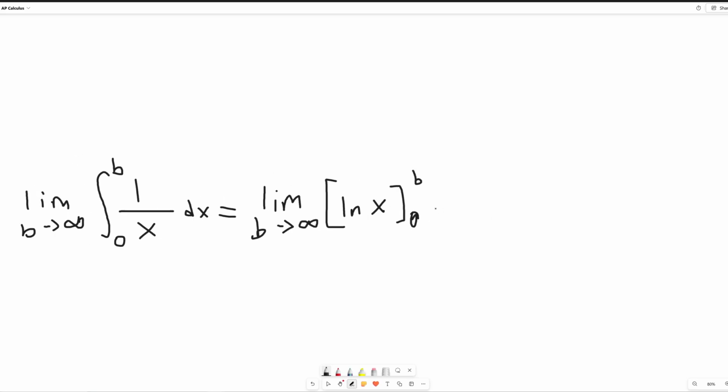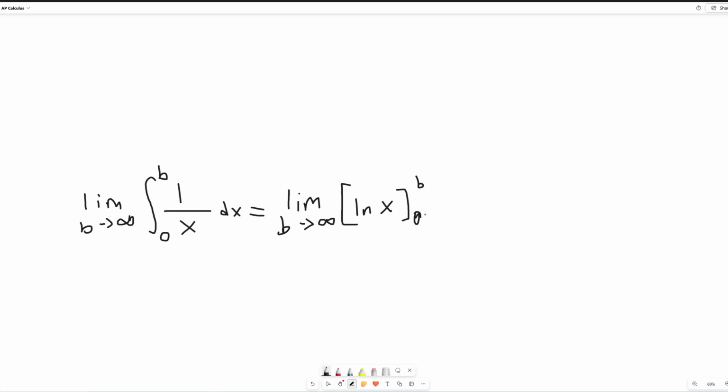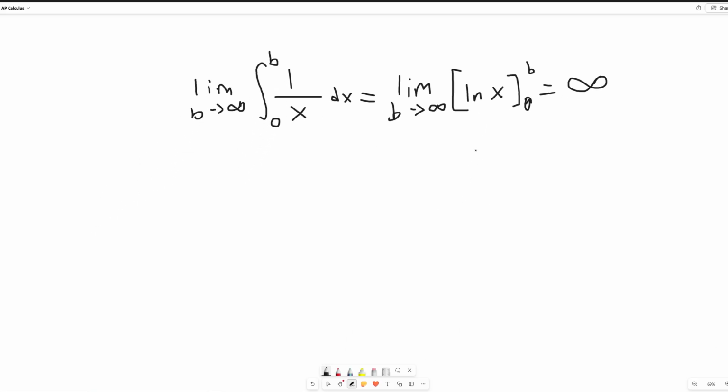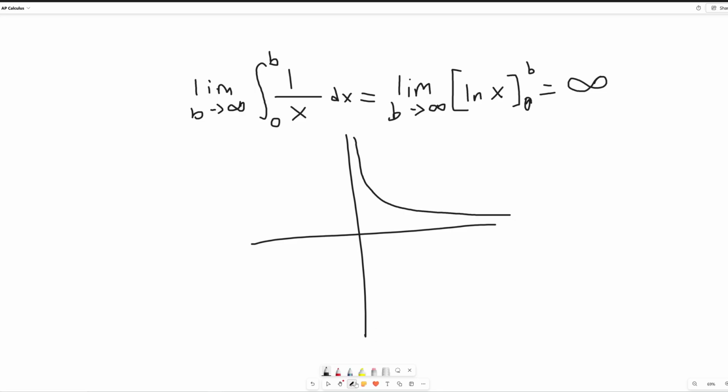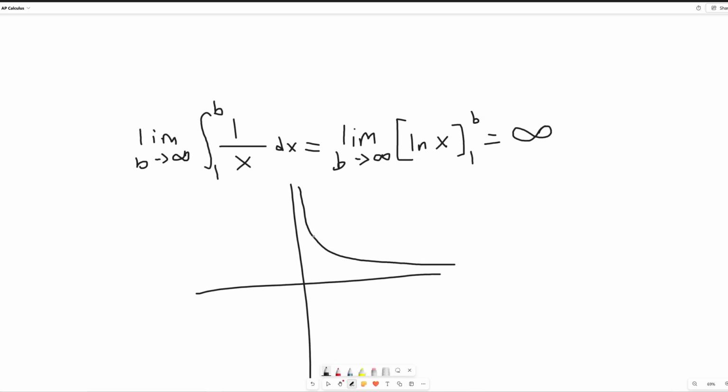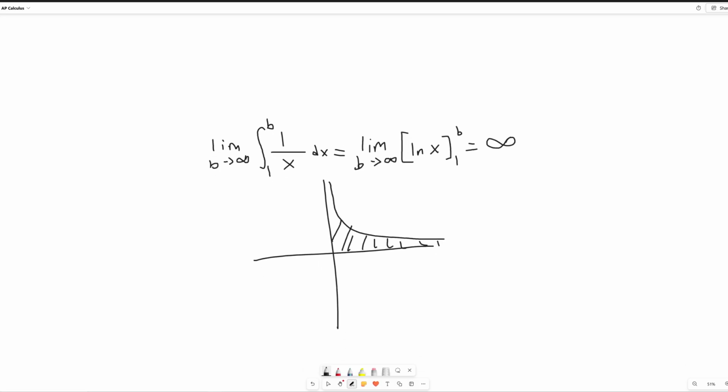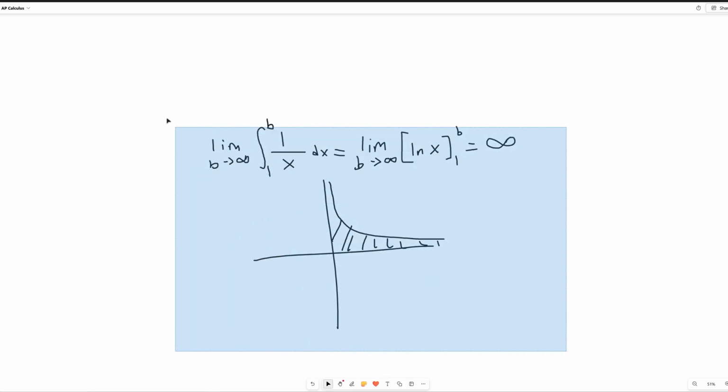Alright. So, what is ln of infinity? It's infinity. So, believe it or not, the integral of 1 over x as it goes to infinity, I should have written from 1 to infinity, because 1 over x is not defined at 0. But the integral from 1 to infinity is infinity. This area does not converge to a single number. It will be infinite.